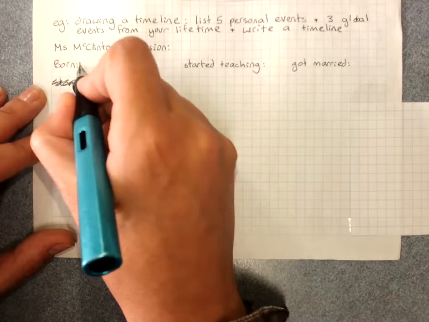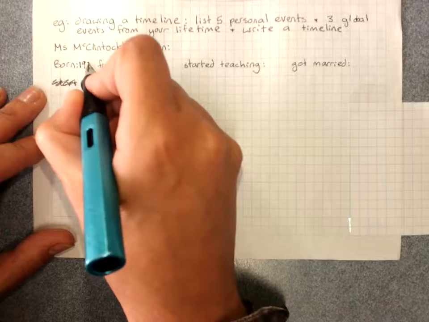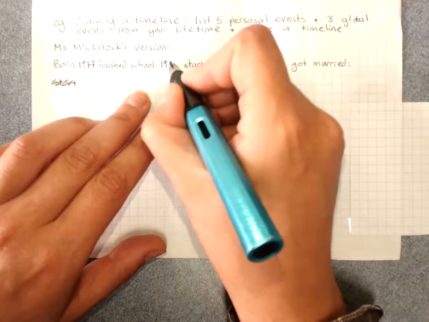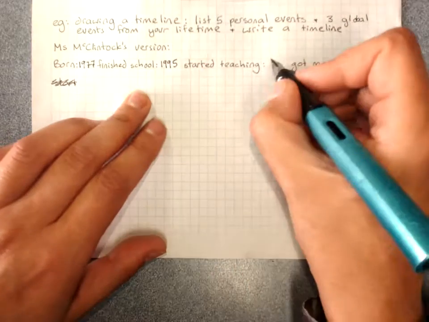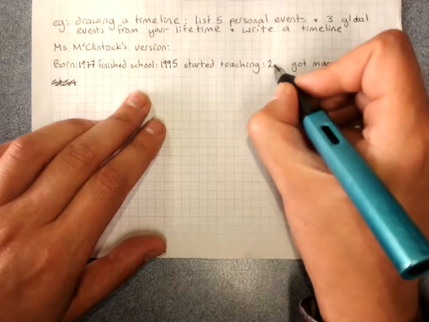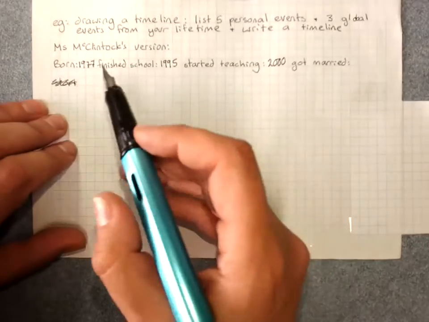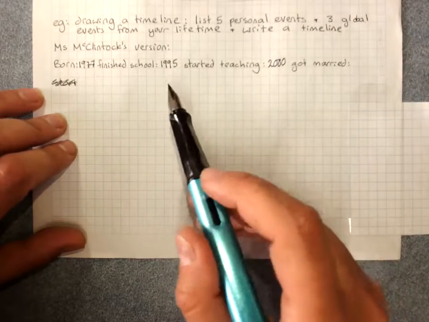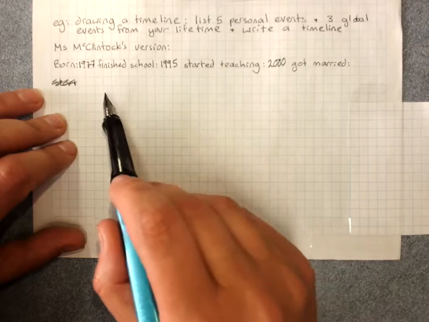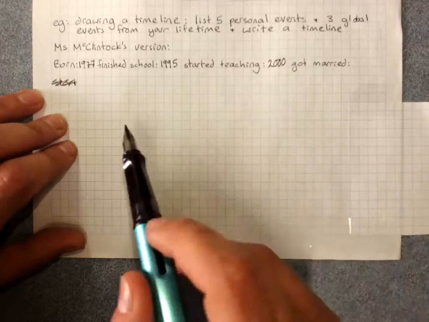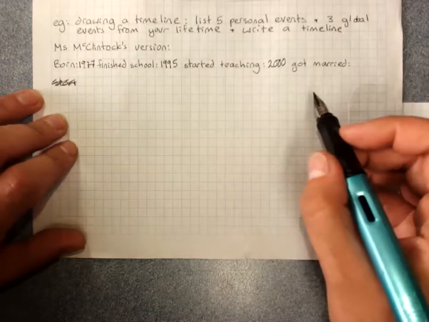So I was born in 1977, finished school 1995, started teaching in the year 2000. You can possibly put in things that are more like finishing primary school, finishing high school, maybe getting your first job or your first car, because I've got a lot more life experience to put some stuff in here.